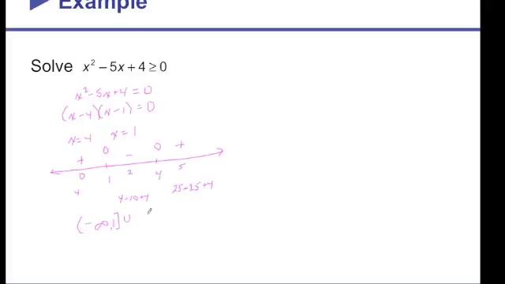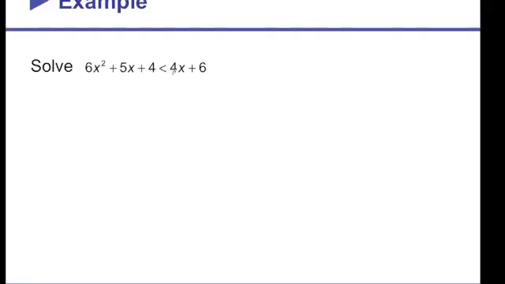So that's a bracket, and then it starts being 0 or greater at 4 to infinity. Now, if you want to just say that with inequality signs, it's x is less than or equal to 1, or x is greater than or equal to 4. That's the other way you can write that answer.